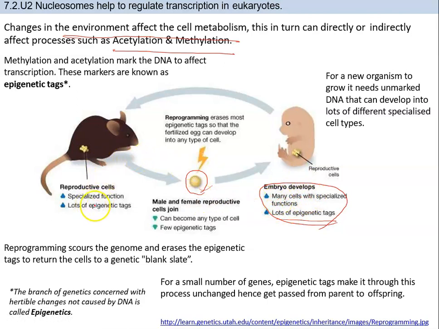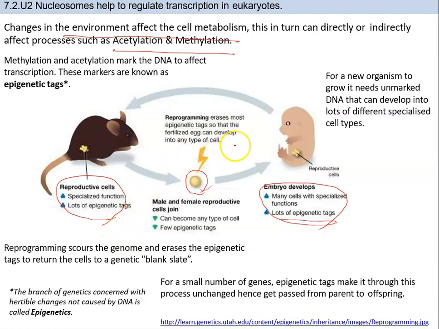And again, as an adult, the same thing: they have a specialized function and lots of epigenetic tags, which they have already got from the environment as they are growing.